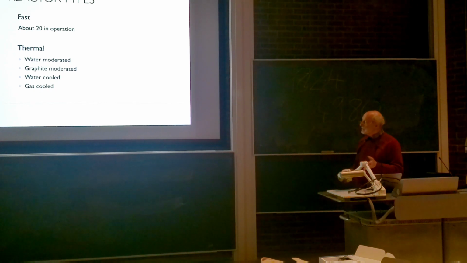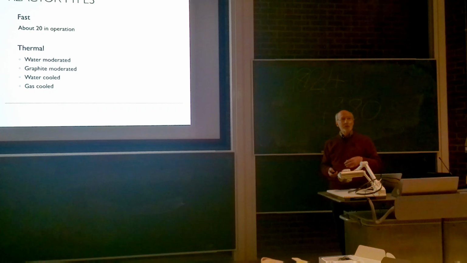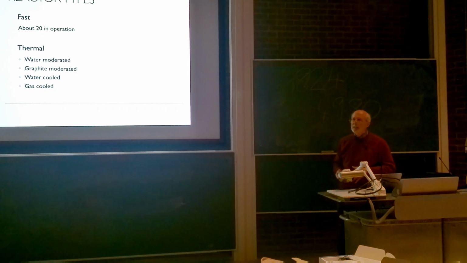There are other things that can be used for moderation. And you've probably heard the term heavy water. Now that's water with the hydrogen atoms replaced with deuterium, the next isotope of hydrogen. And I think there's something like 5% of seawater is deuterium.